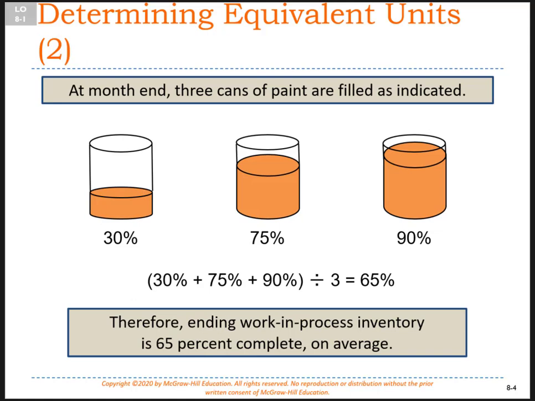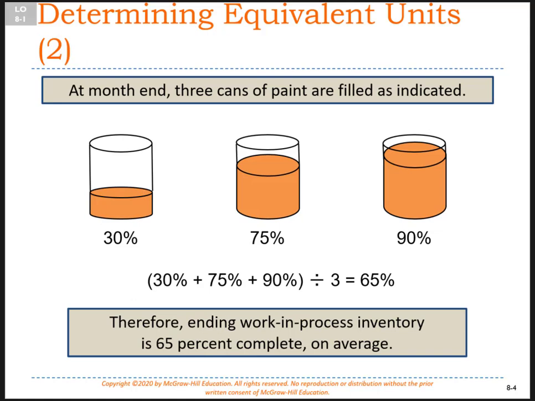So when we want to compare how much work we've done or how much materials we've used, we need to know those partially done units in our work in process. How far along are they? How much of the percentage of the materials have been added?